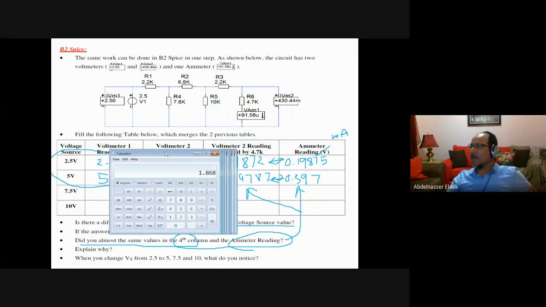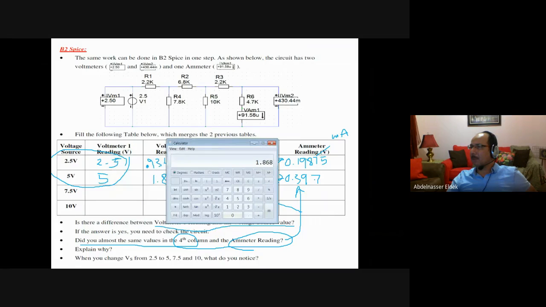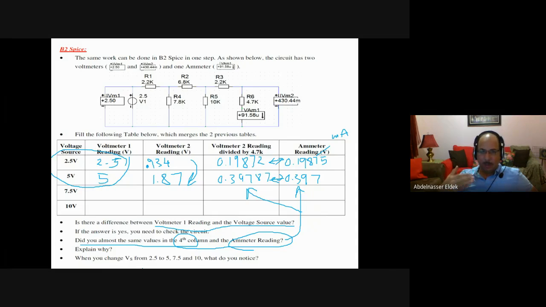And if you multiply the number here, 0.19875 multiplied by 2, the answer is 0.3975. It's very close to this. So when you multiply the voltage by 2, from 2.5 to 5, you multiply everything by 2. If you multiply by 3, you multiply everything by 3. If you multiply by 4, and so on.